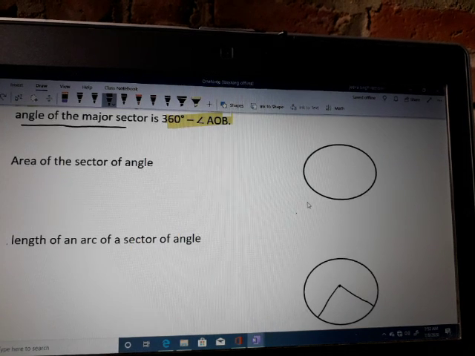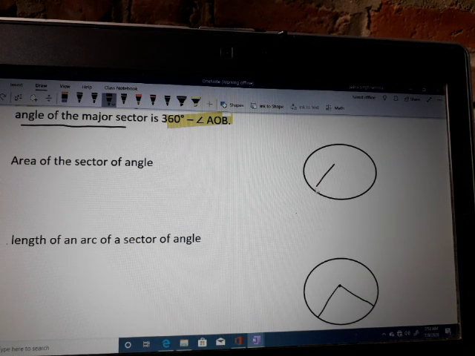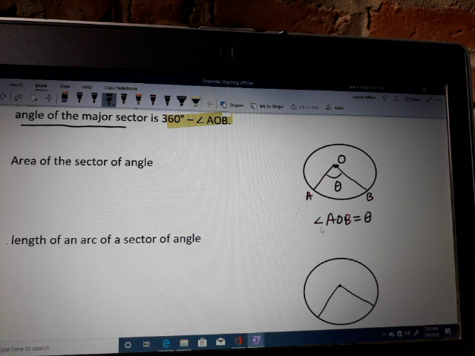Next, how will you get the area of the sector? So, a simple formula I want to explain. This is a circle with center O. This is the sector AB. Let's consider this angle AOB equal to theta. Okay, so simply, you know very well that this complete angle is 360 degrees, and the complete area is pi r square.